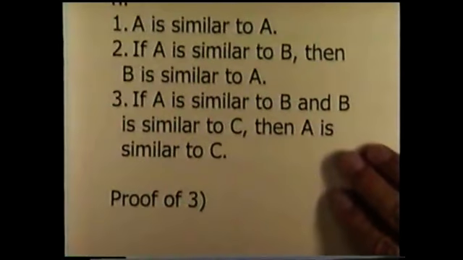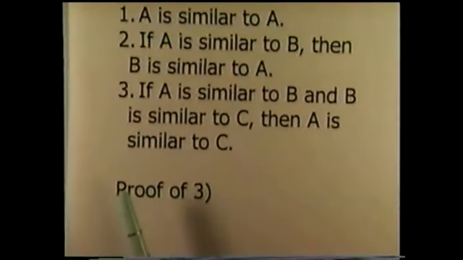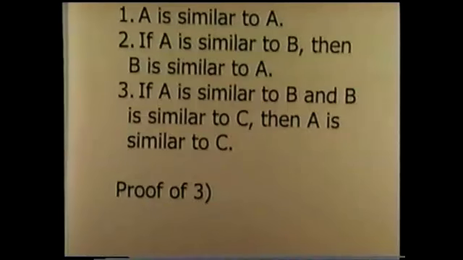I'm going to prove the third property for you. The first two proofs are a little easier than this one, but it involves the same concept. So I'll prove property 3.